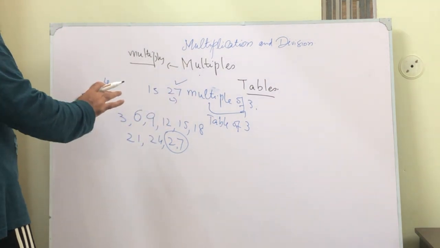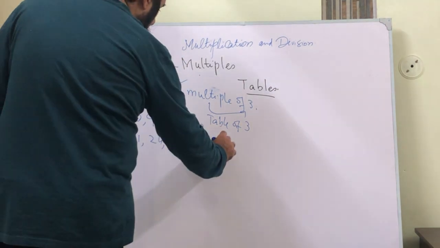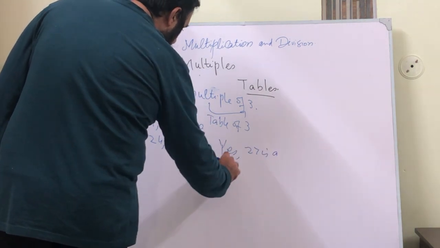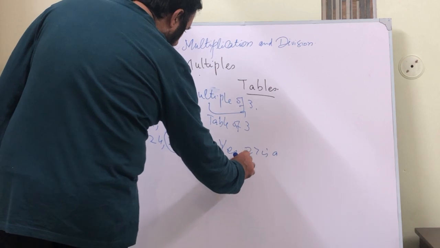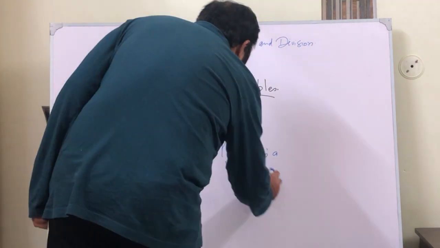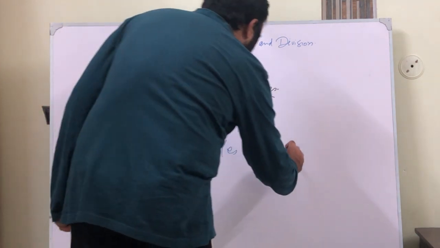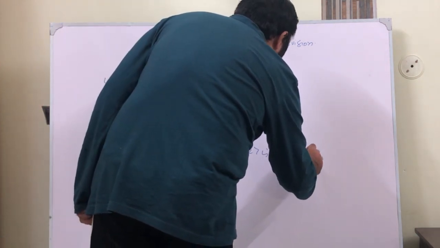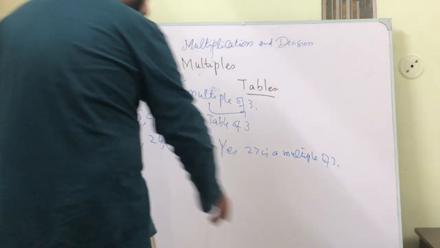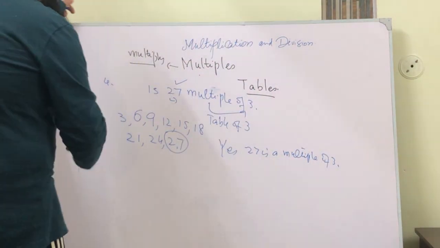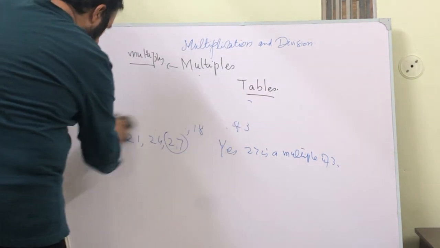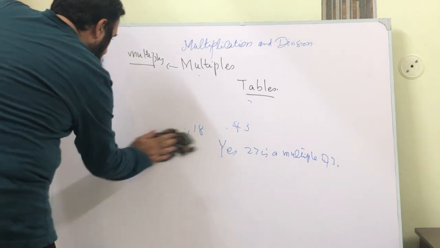It is confirmed, our answer is yes. When we write the table of 3, we get the number 27 also. So this was question number 4 on page number 32.